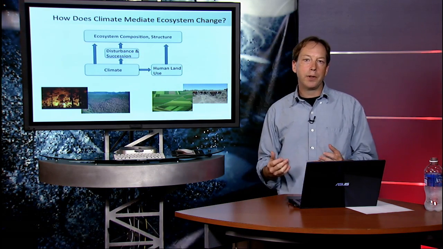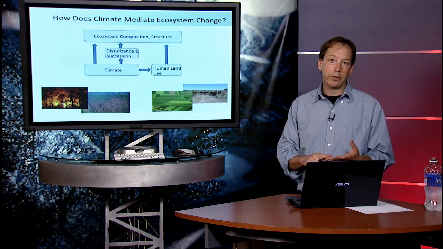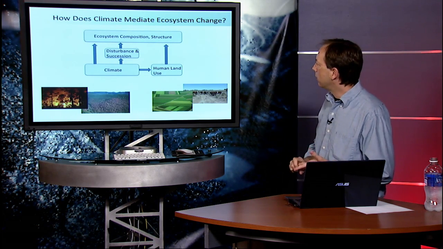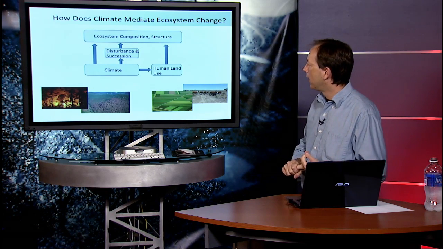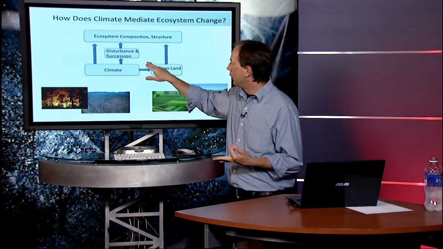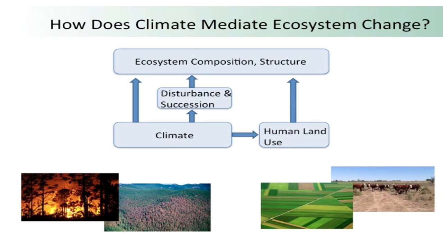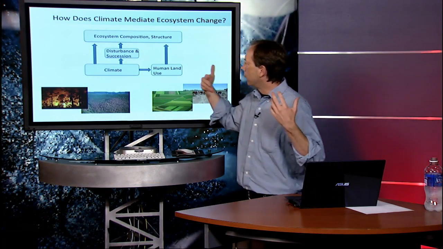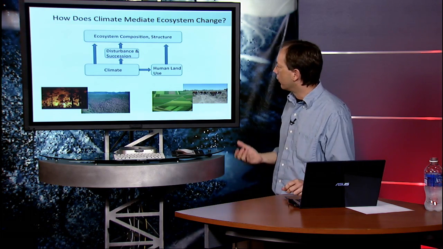So climate can influence things like the proclivity for forest fires or insect outbreaks, tree mortality, and those processes happen on their own, even if the climate's not changing as well. And it's really the succession part of that that may be the trigger for biome migration. Right? So disturbance can reset the landscape and reset the competitive pressures, and suddenly a new vegetation community can arise in response to the current climate.